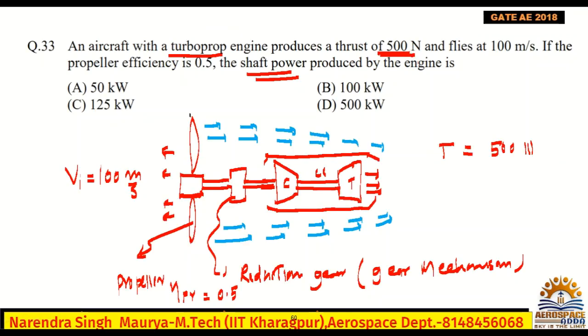Because here through the propeller we are getting 80% thrust, and from the exhaust jet we are getting 20% thrust. Approximation I am telling you. So more and more thrust you are getting with the help of the propeller, and very little thrust through the exhaust jet. Most of the thrust you are getting from the propeller, due to reaction force, based on the propeller reaction principle.